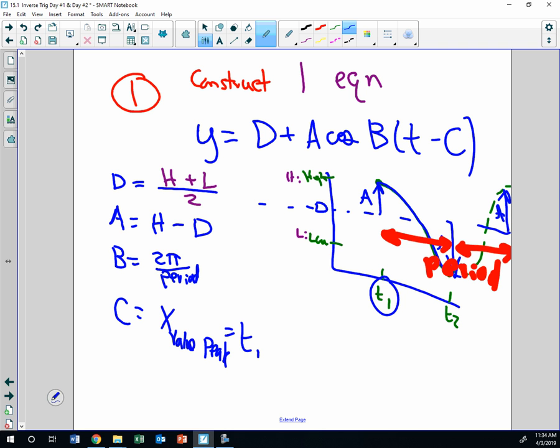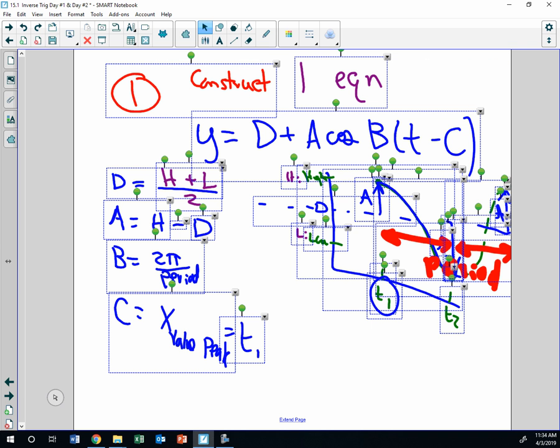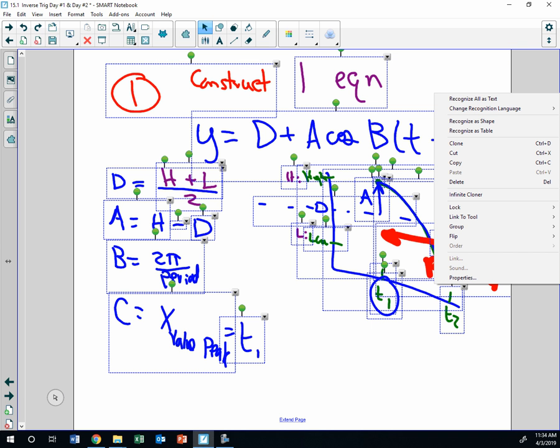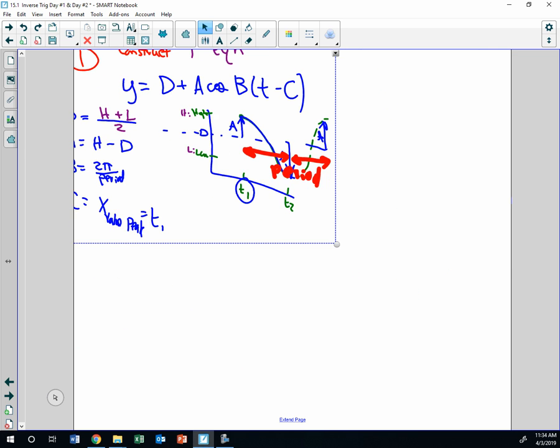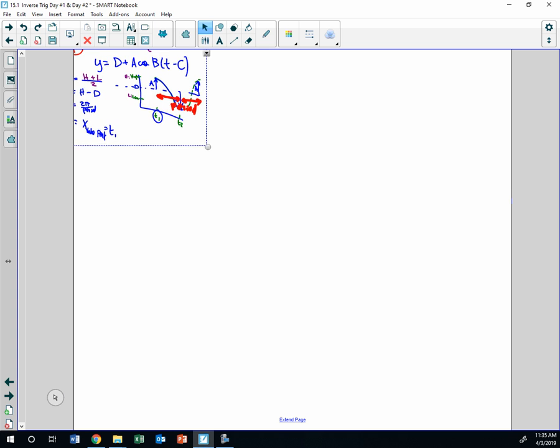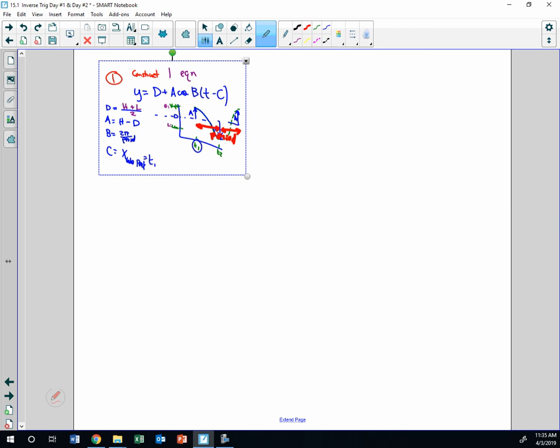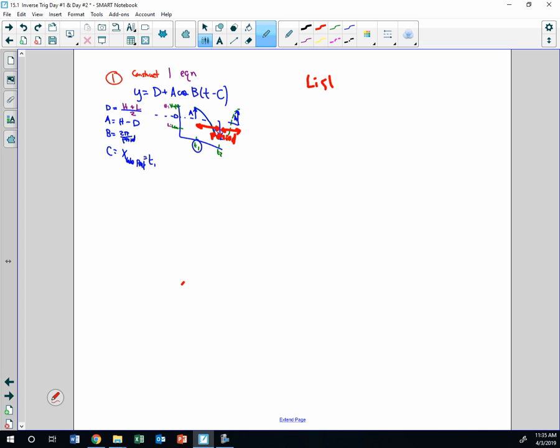So the first part of this lab is to construct an equation. With that, what I'm going to ask you to do is to list data and make an equation.